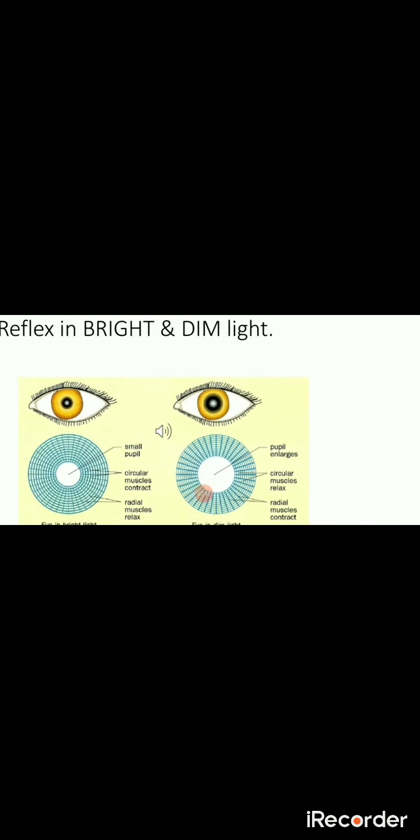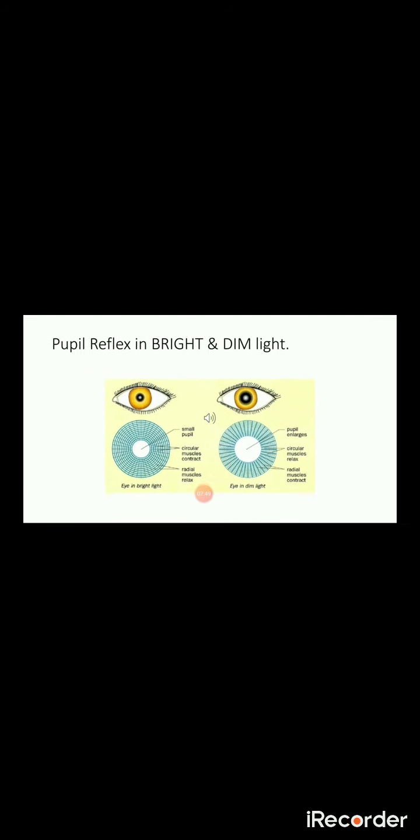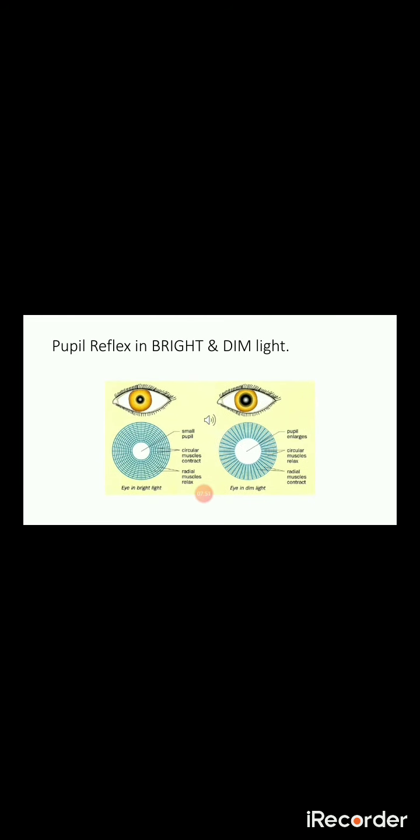When the radial muscle contracts, it pulls toward the outer side and the size of the pupil increases. This is the behavior of the eyeball, especially the iris, in bright and dim light.